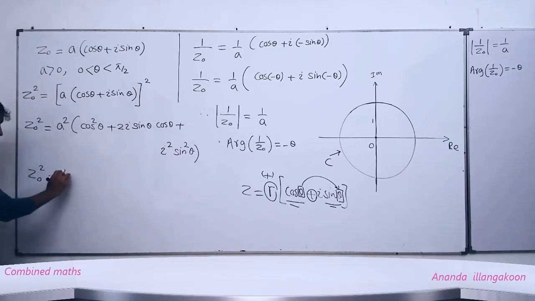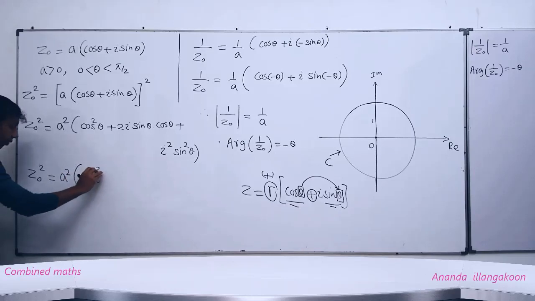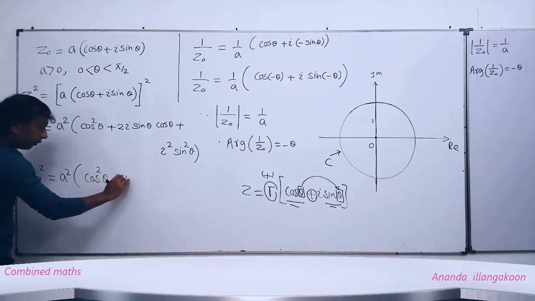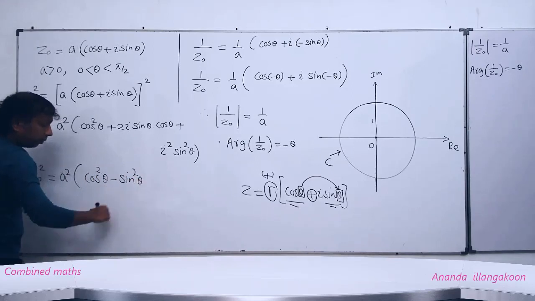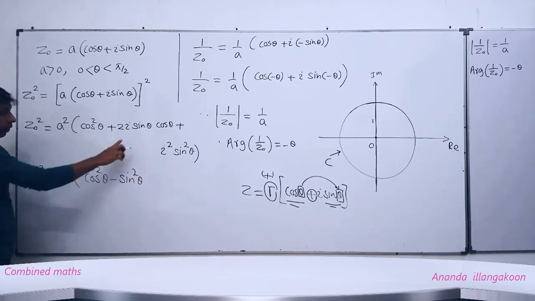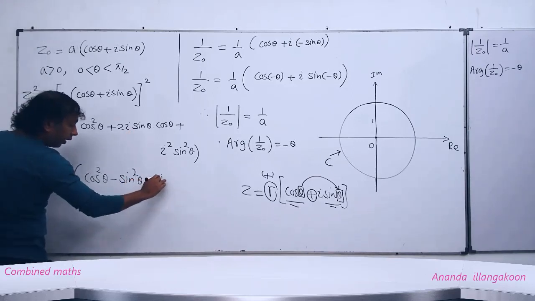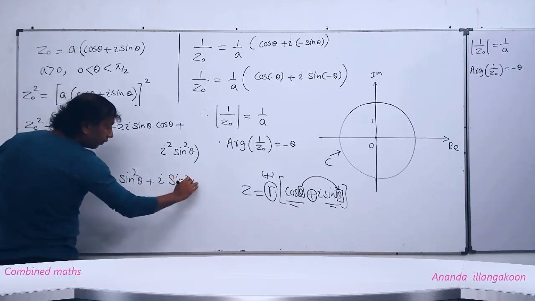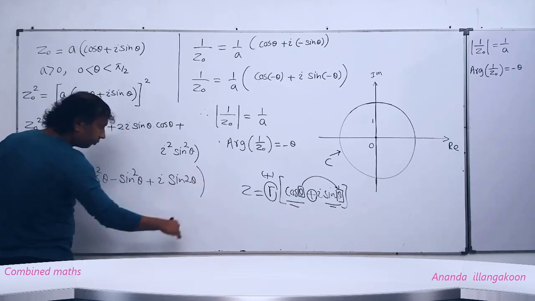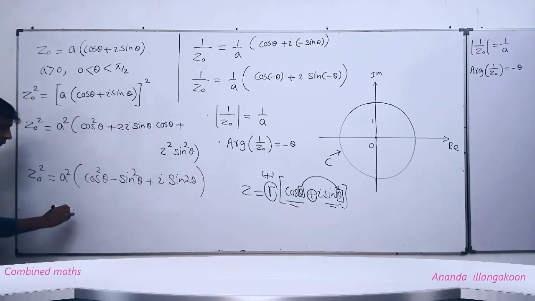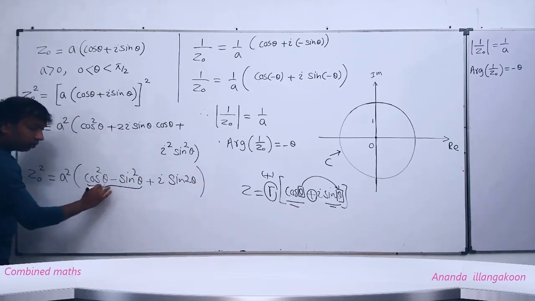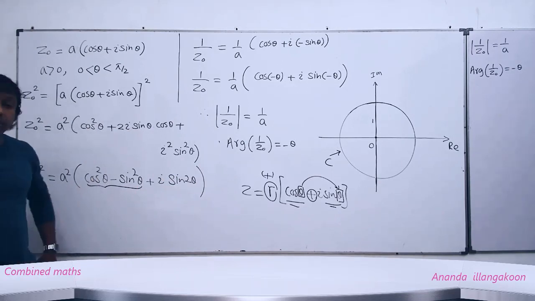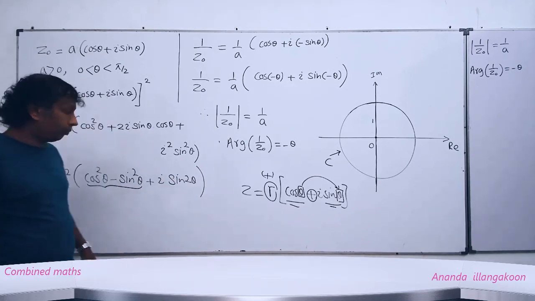Then here we have A squared. This is cos square theta minus sin square theta, right? And here 2 sin theta cos theta is sin 2 theta, no? And cos square theta minus sin square theta is cos 2 theta.